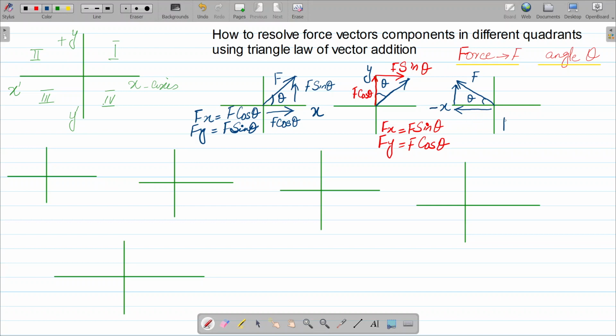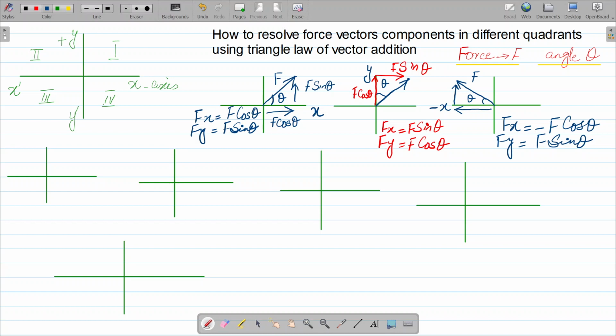So your Fx will be minus F cos theta, and your Fy is going to be F sin theta. This is how you do it in the second quadrant.